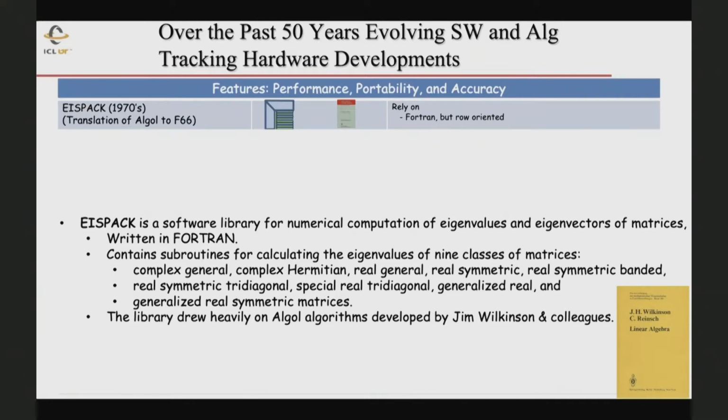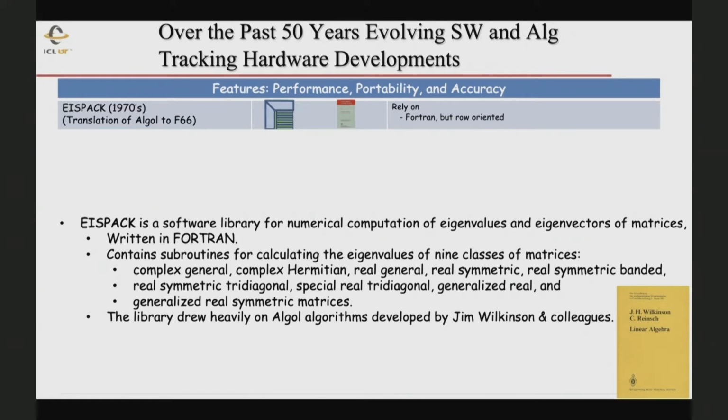IcePack was to design some software for solving eigenvalue problems. And the algorithms came from this book by Wilkinson and Reinsch, called The Handbook for Linear Algebra. It presented a bunch of state-of-the-art algorithms for solving eigenvalue problems.